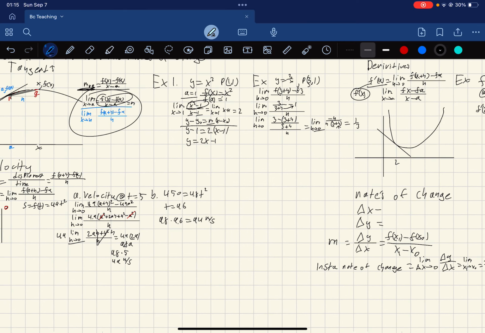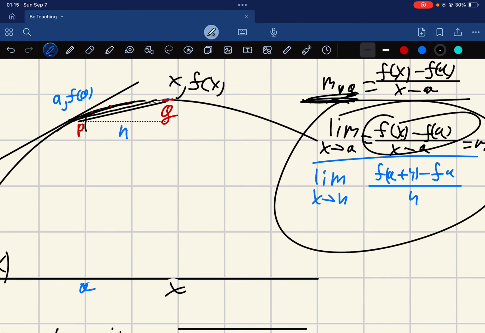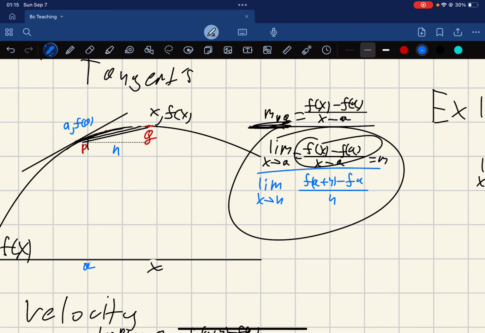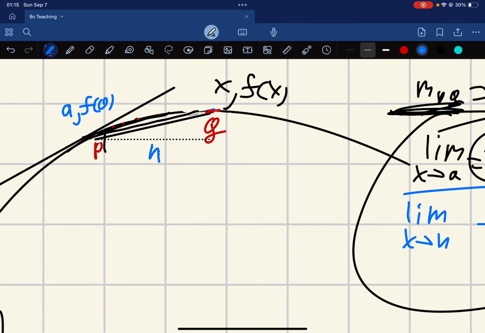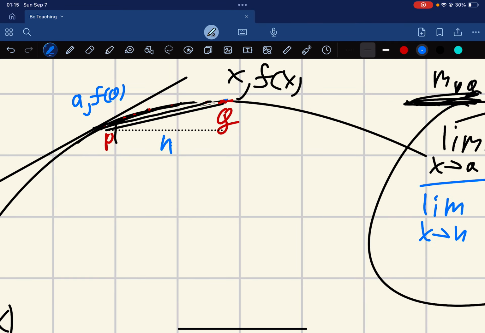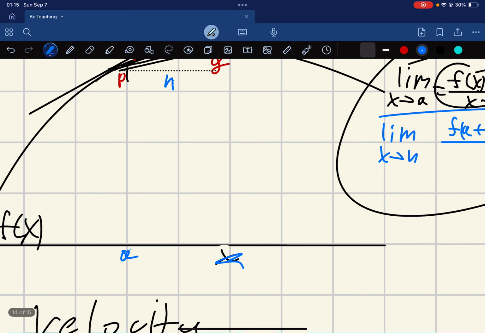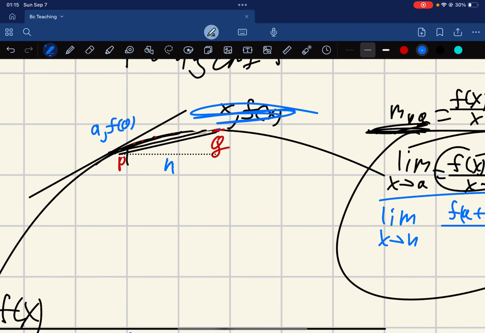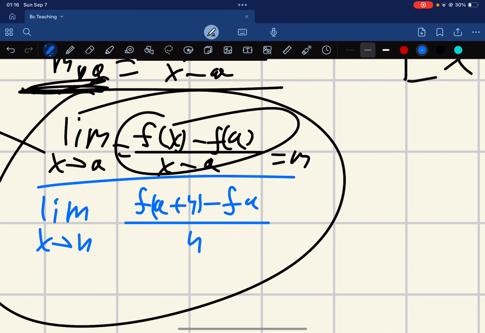There's another definition of a tangent or a slope at a point, where you consider the distance between the two points as h, where this is a, and this is a plus h, f of a plus h, and you get this formula.